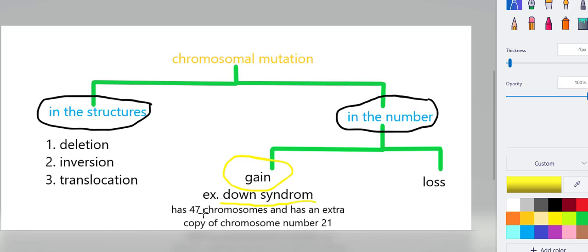Down syndrome has 47 chromosomes and an extra copy of chromosome number 21. This is called chromosomal mutation in the number. While loss of chromosomes is like 45 chromosomes; some people have 45 chromosomes. This is called Turner syndrome.